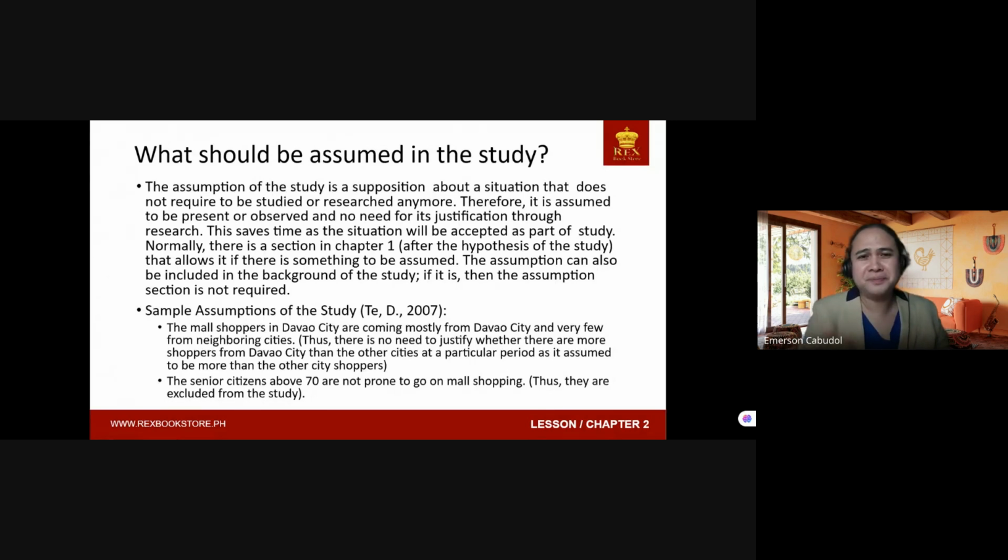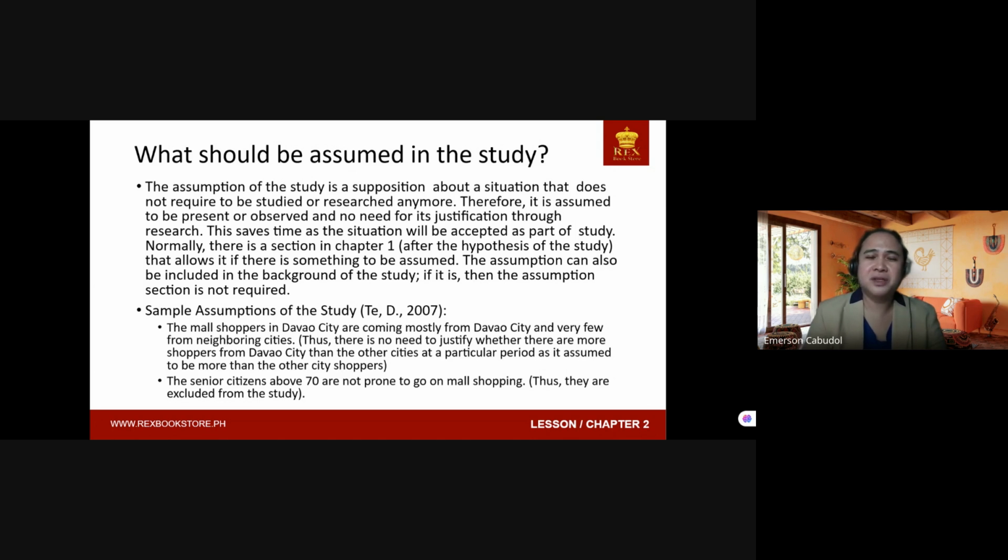So what is an assumption? An assumption in a study or a research is a statement accepted as true without requiring proof or further research. This saves time and resources. It can be stated in a dedicated assumption section or integrated into the background of the study.